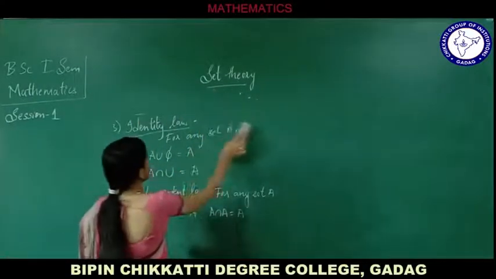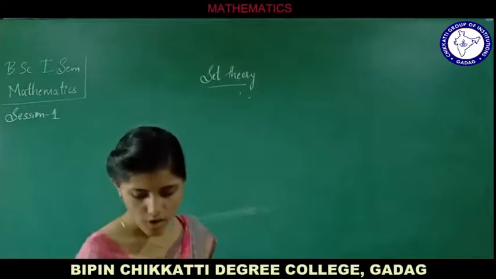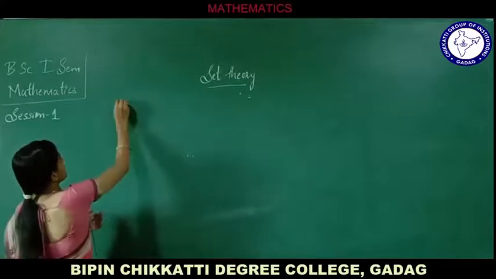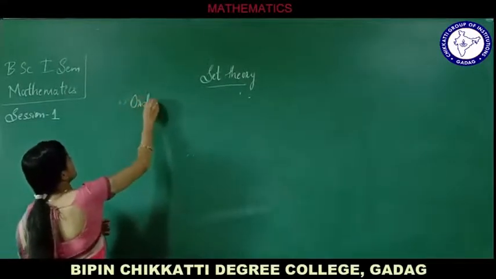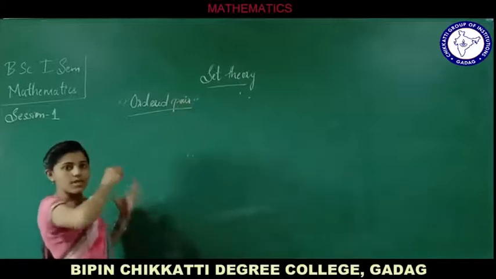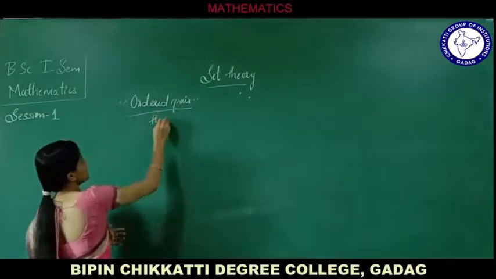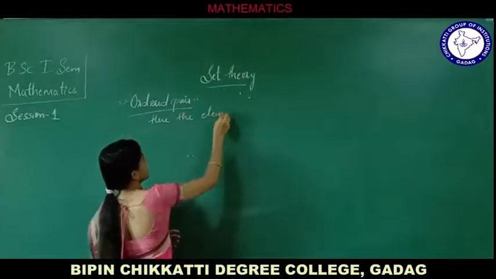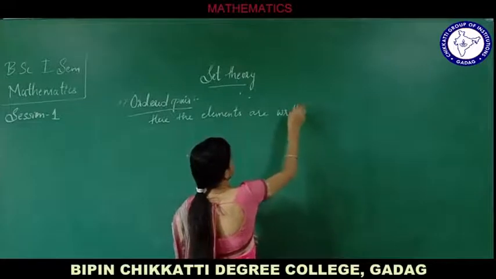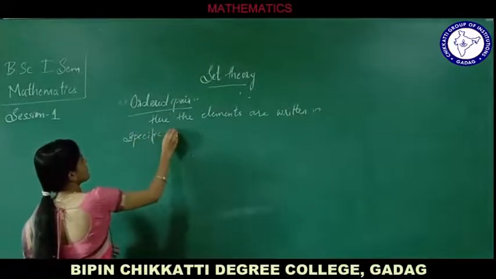Ordered pair is a pair of elements written in some order, according to a specific order.